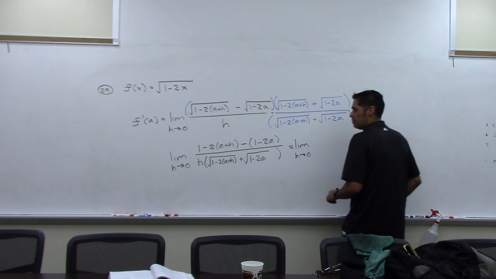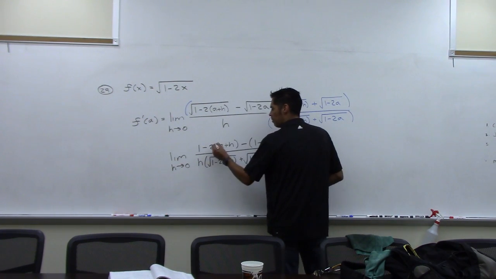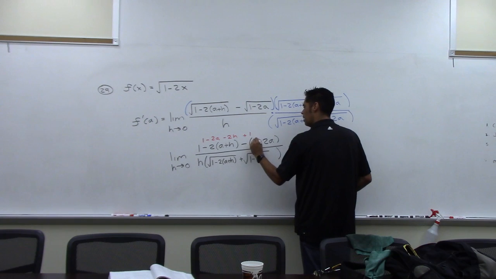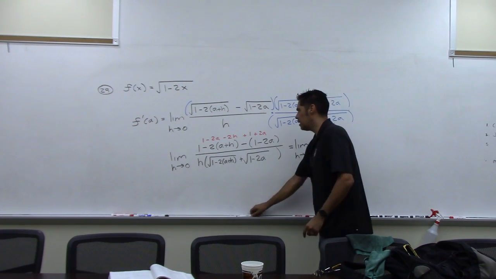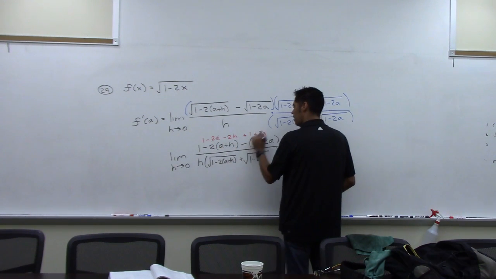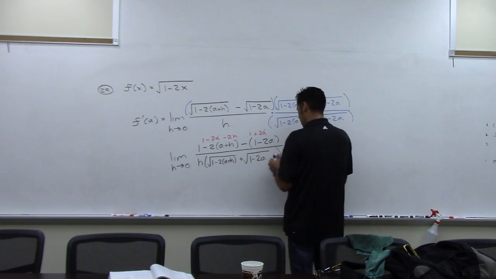All right. I'm just going to write above this what this is. When I distribute through, I get 1 minus 2a minus 2h, and then when I distribute here, I get plus 1 plus 2a. And so cleaning this up, let's see, just the 2a's go away? Oh no, that was a minus 1. Apologize.